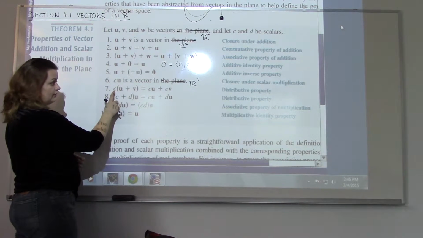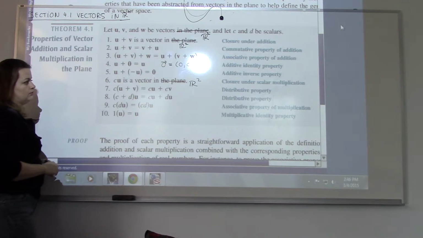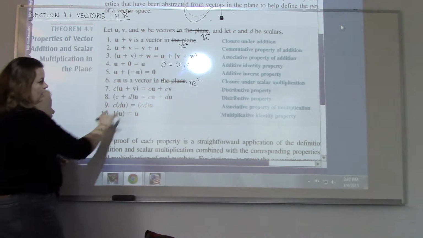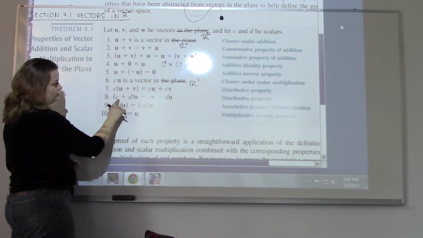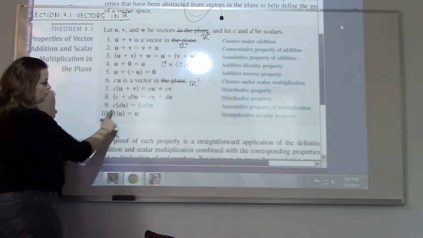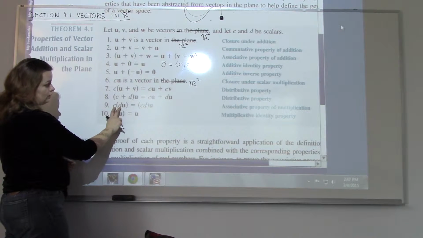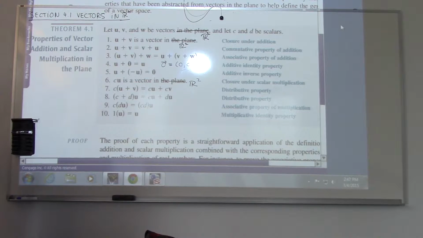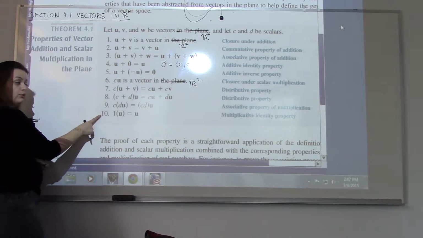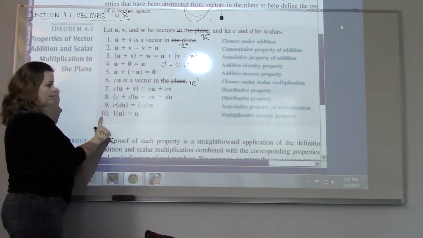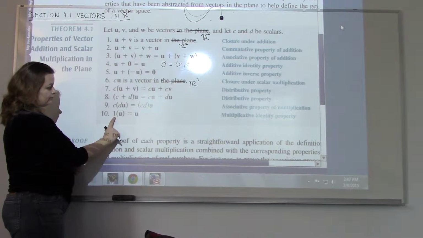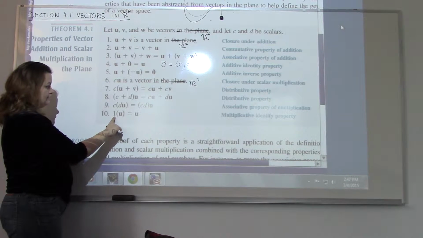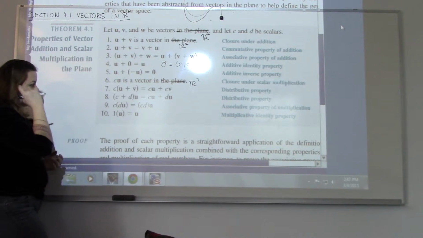You can distribute a scalar to the sum of two matrices, in our case, two vectors in R2. And here we can distribute the vector to two scalars. And if we have to multiply by two constants, it doesn't matter the order in which we multiply. And finally, this is going to be very important in vector spaces. If you multiply a vector by the multiplicative identity, then you get back the vector.